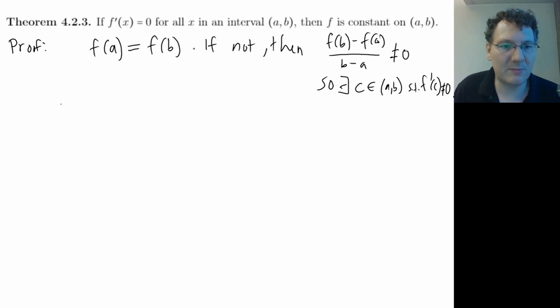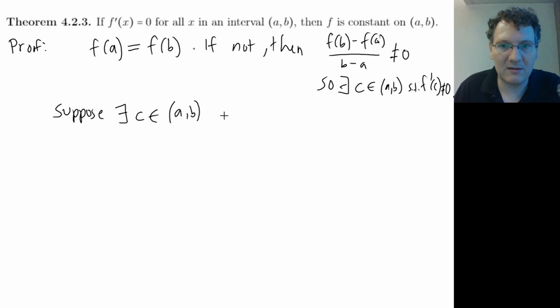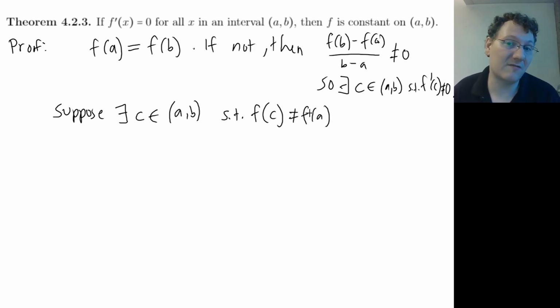Okay, so now let's suppose that there exists some c in the interval from a to b such that f of c is not equal to f of a. In other words, suppose that the function isn't constant. There's some point between a and b where the function value isn't the same as the endpoints.